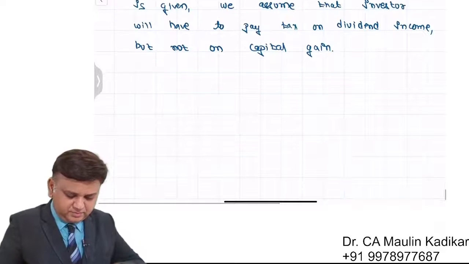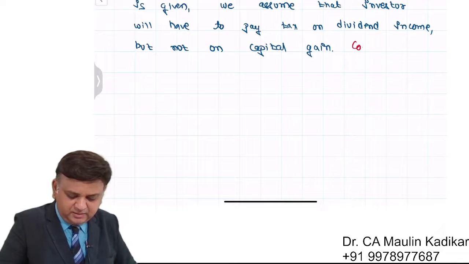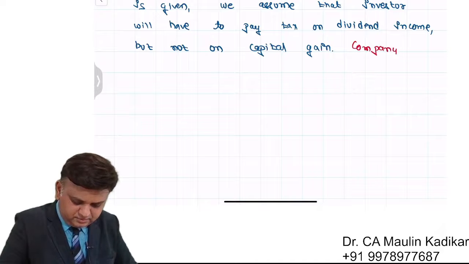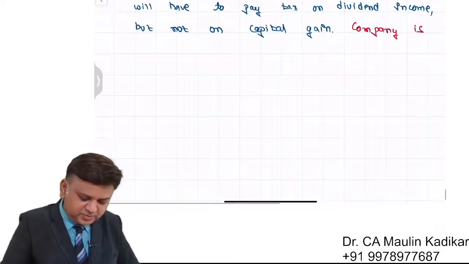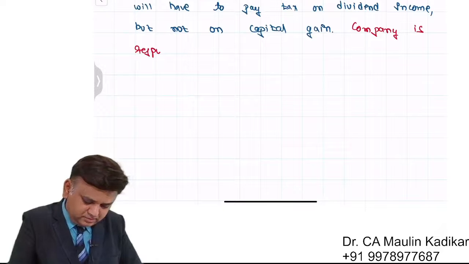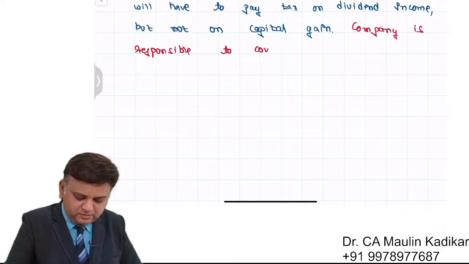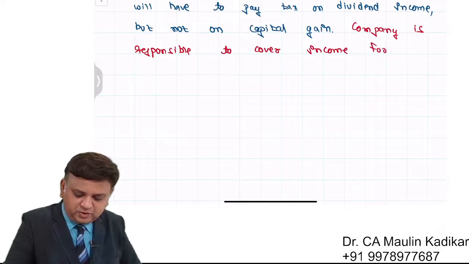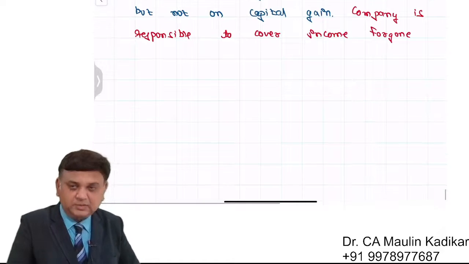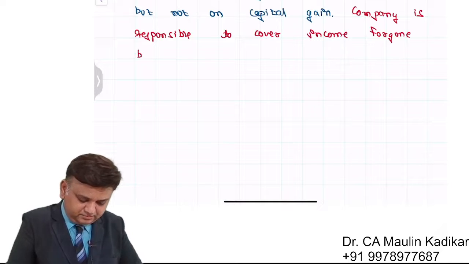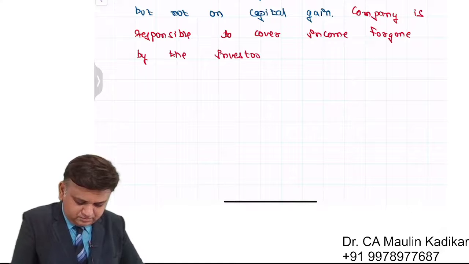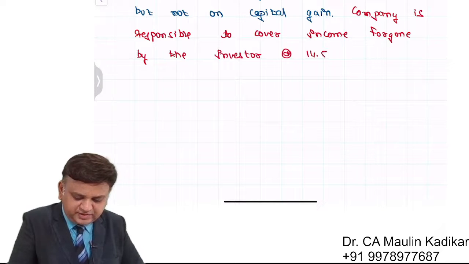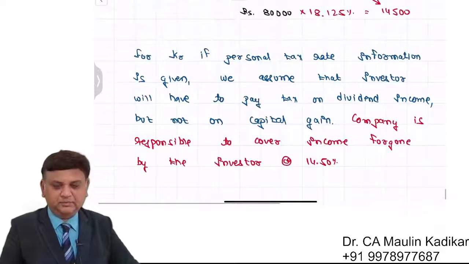Company is responsible to cover income forgone by the investor at the rate 14.5%. This is what we understand.